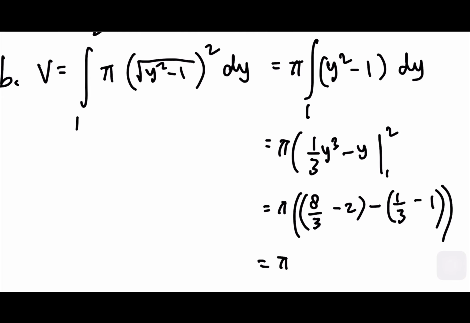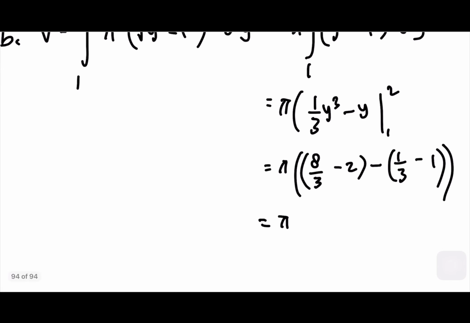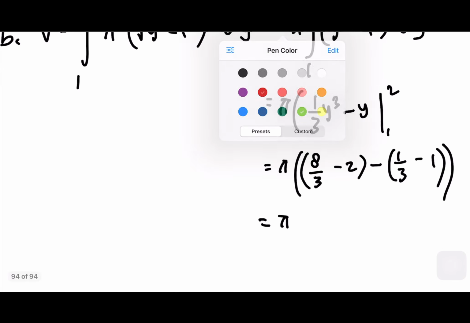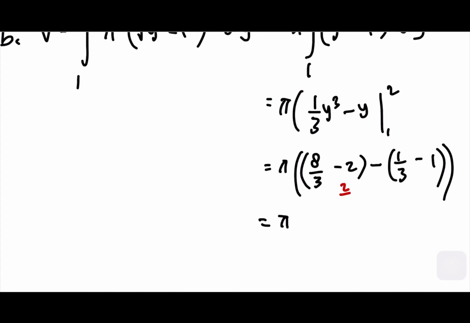So this will result in 2/3. This one is negative 2/3, so plus 2, 2 plus 2 is 4, so it should be 4/3 pi.